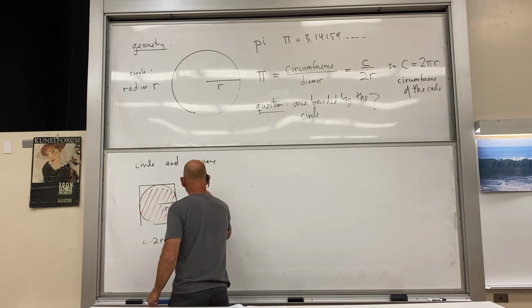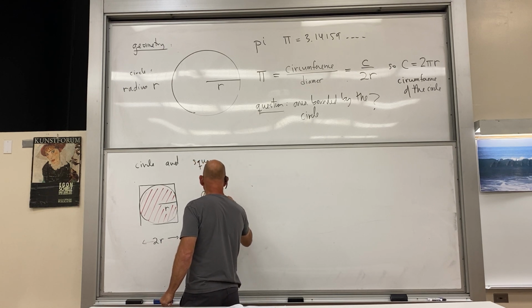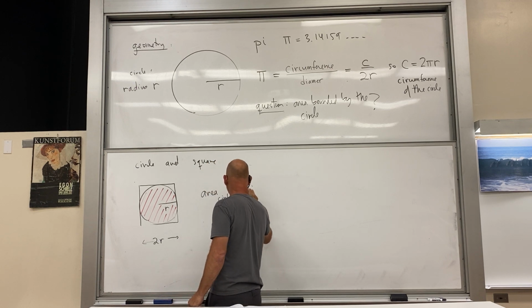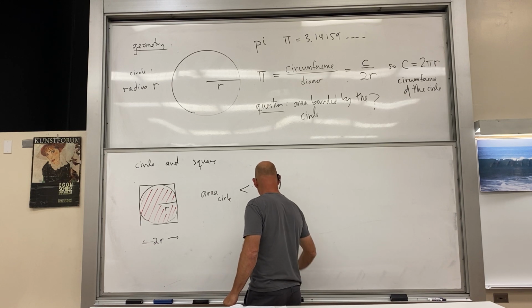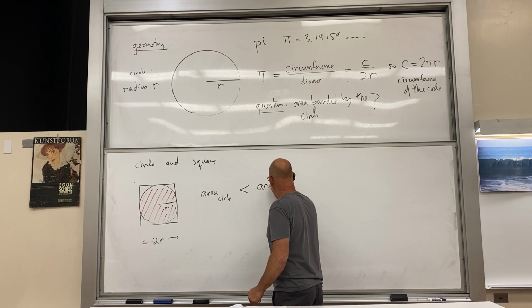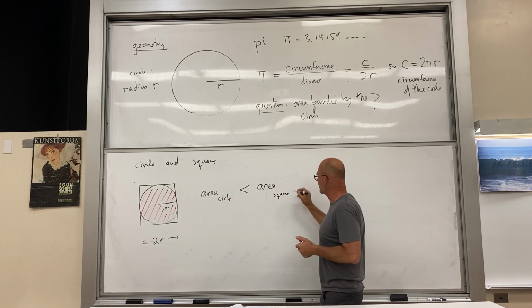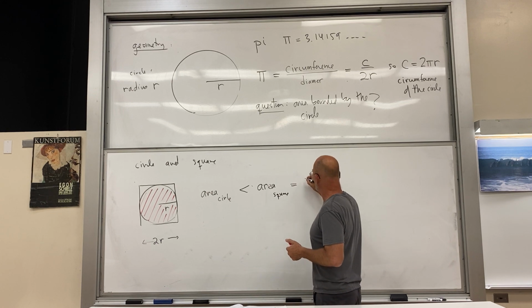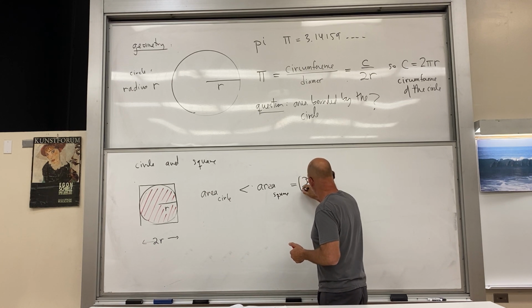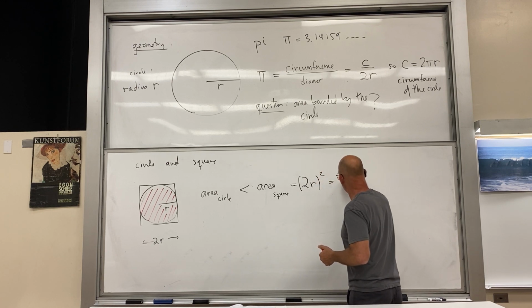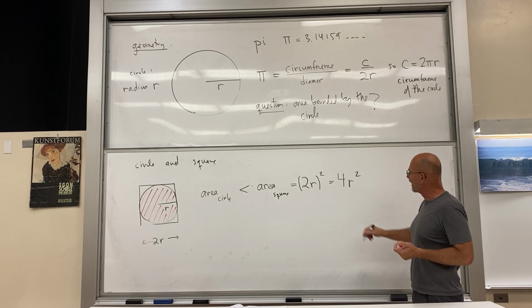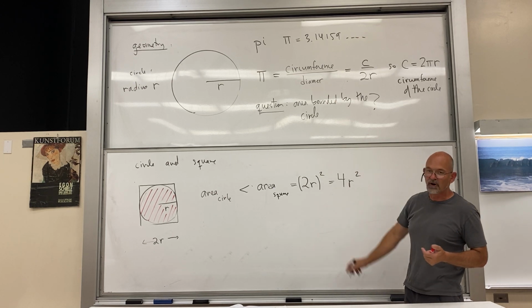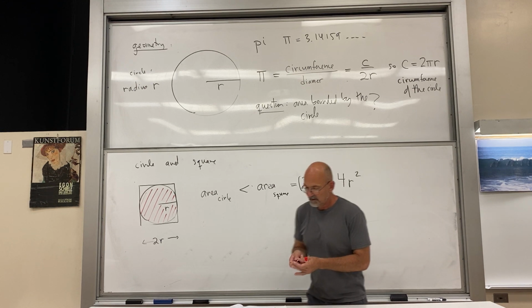So we have area sub circle is less than the area sub square, as discussed right here, and the area bounded by the square is 2r, the quantity squared, is equal to 4r squared. Okay. So the area bounded by the circle is less than 4r squared because we have this extra area.